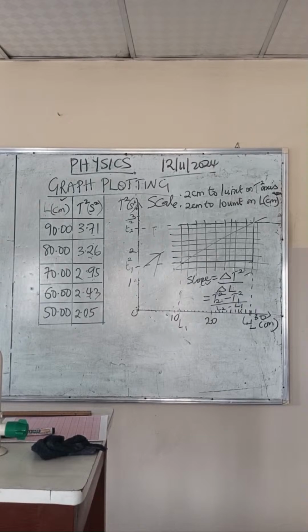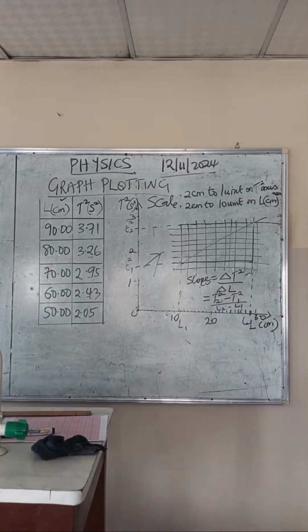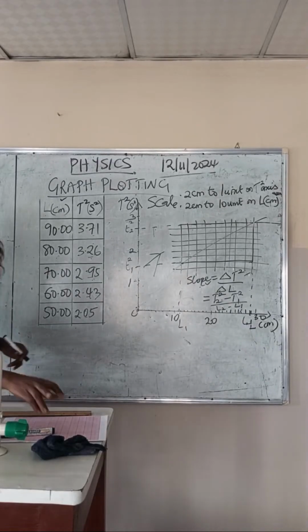Find the slope. T squared is equal to 1.